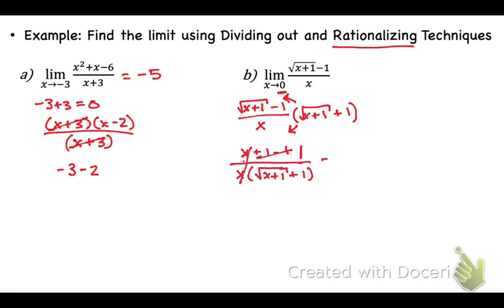So I get 1 over the square root of 0 plus 1 plus 1. So the square root of 1 plus 1. And the square root of 1 is? 1. So I have 1 over 2, one half.